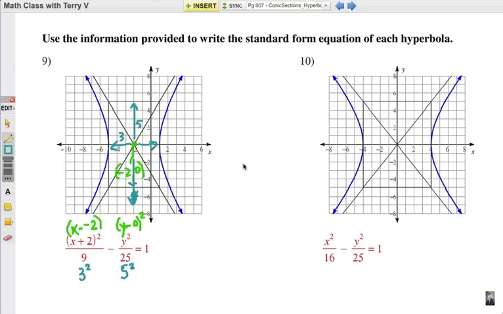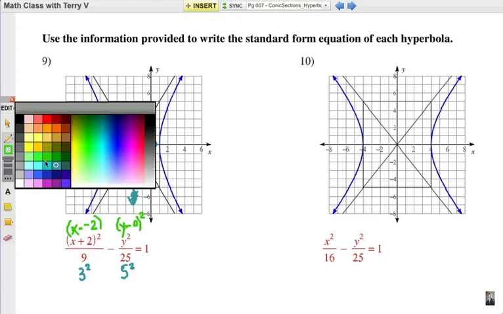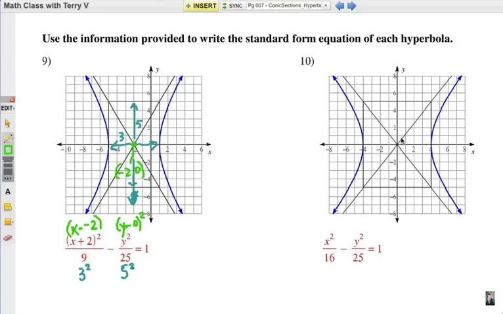All right, let's look at the center for the next one. It looks like it's right at 0, 0. So guess what? You're going to have an x squared and a y squared. There's no h and k values to even worry about there. Okay, and then from there you have your a and your b amounts, which looks like it goes in this direction 4, in this direction 5.